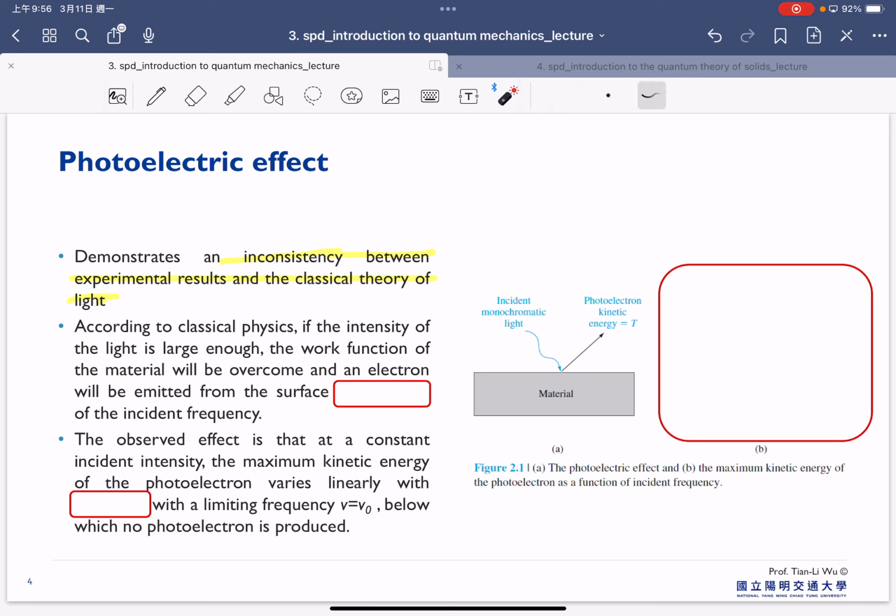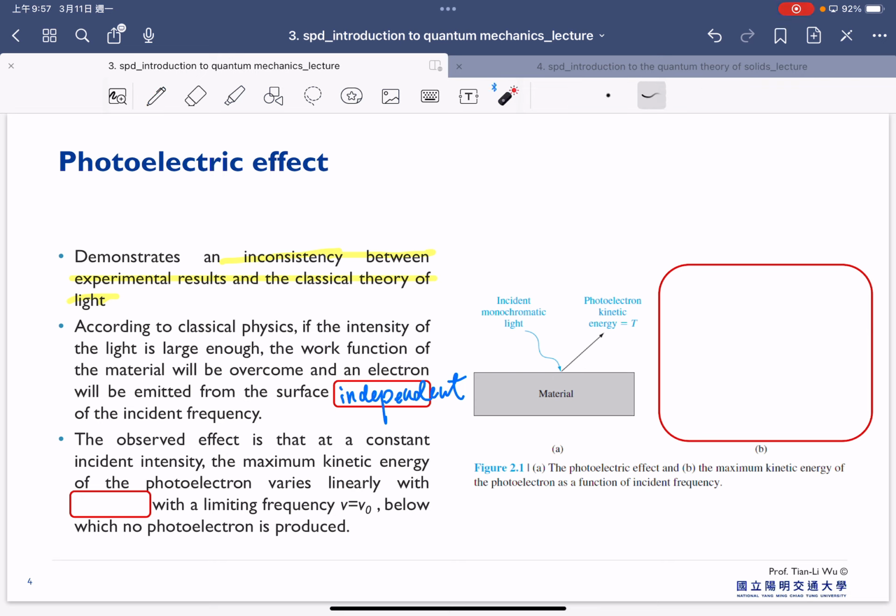So, based on classical physics, if the intensity of light is large enough, the work function of the material will be overcome and electrons will be emitted from the surface, independent of the incident frequency. So that's based on classical physics.